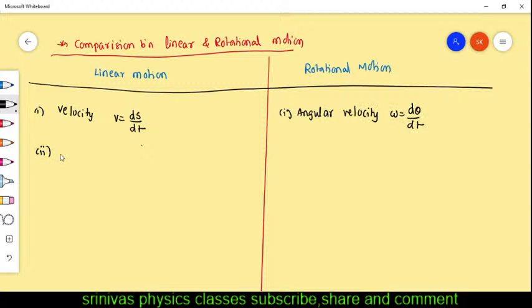And acceleration, what will you get? Acceleration a is equal to dv by dt. Here it is called angular acceleration in rotational motion. Angular acceleration is denoted with alpha. Its formula is the rate of change of angular velocity.